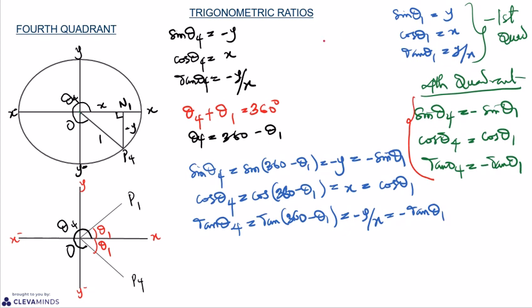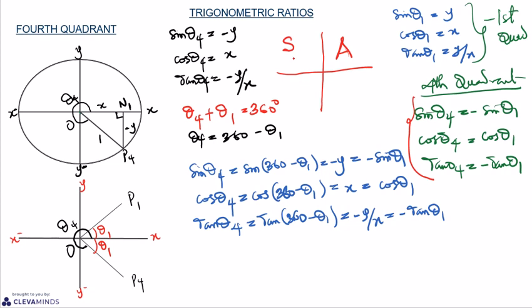And that's why I stated earlier, having seen the first, second, third quadrant, that when you have a unit circle divided into 4 quadrants, the first quadrant is all positive. The second quadrant, only sine is positive.